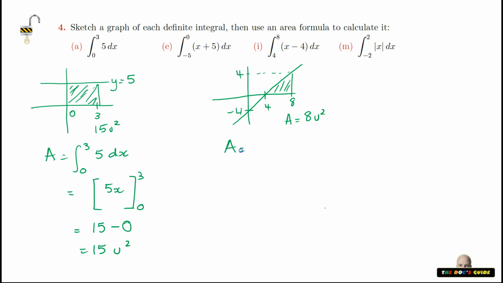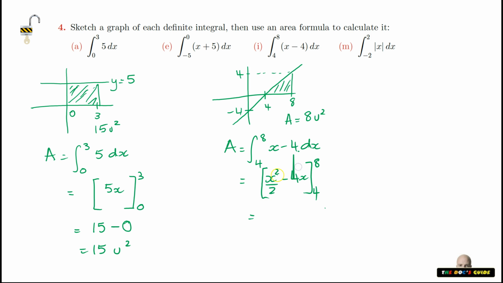Now, if we do integration, then applying that same method as previously, the integral from 4 to 8 of x minus 4 dx is going to be, so the x will become x squared on 2, the 4 will become 4x. We're going to go from 8 to 4.